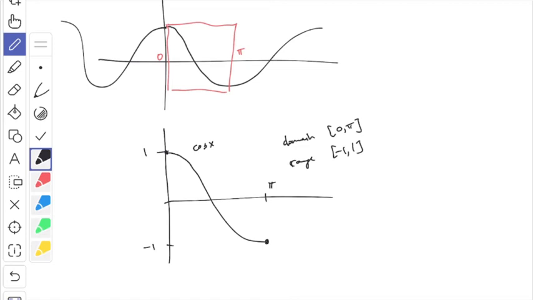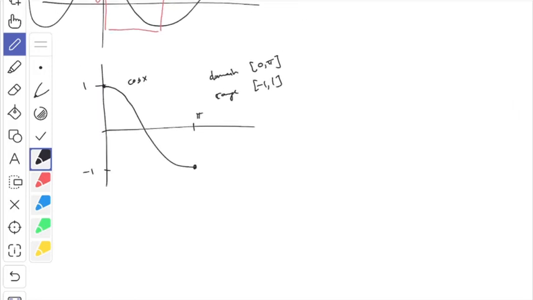It actually looks pretty different from inverse sine, though the curve vaguely has the same shape. When I invert this picture, the original picture has only positive values for x, so when I invert it, it will have only positive values for y, right? And now the 1 and minus 1 are going to be on the x-axis, and the 0 and pi are now on the y-axis. I'm going to try to draw this curve, reflected around the diagonal line, and I hope I do this right.